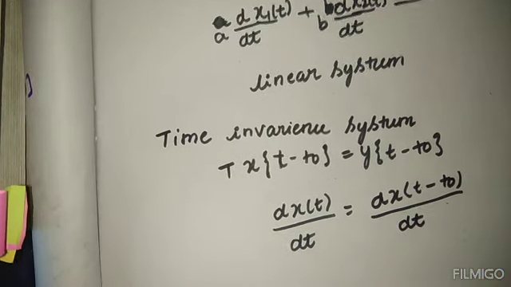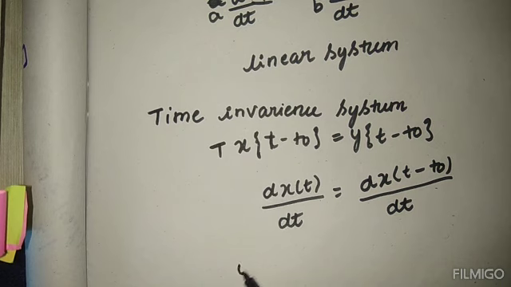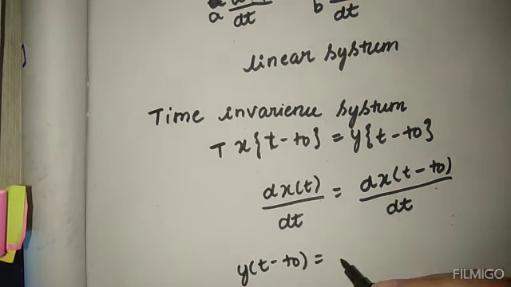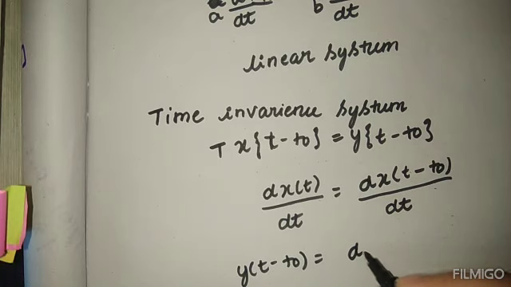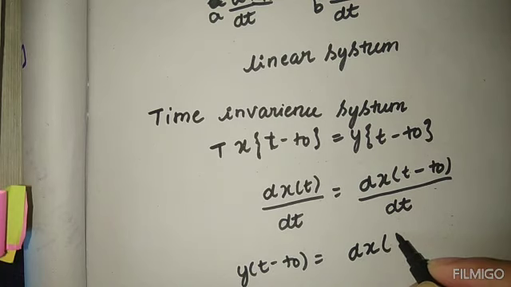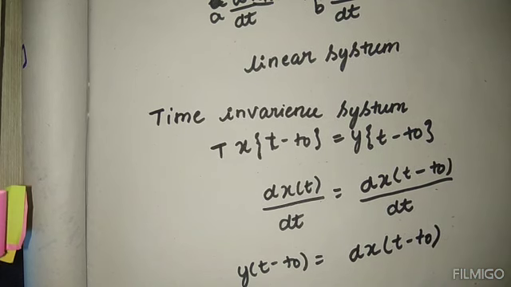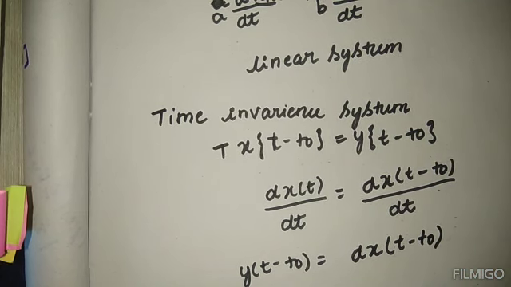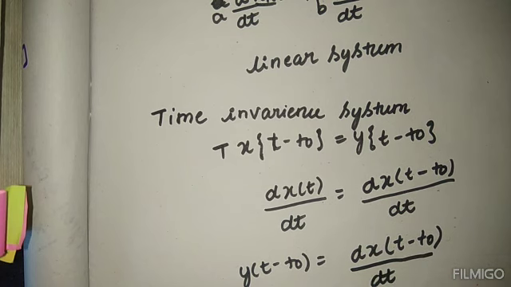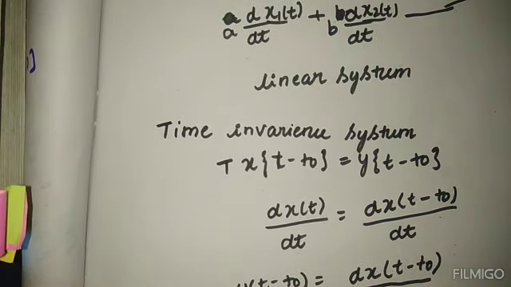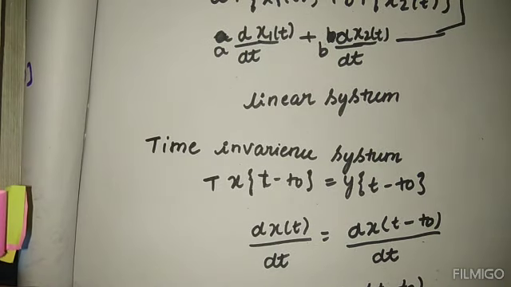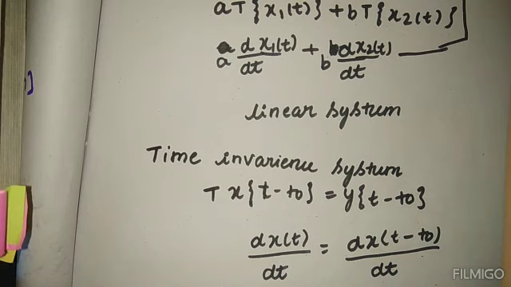So now coming on to my y of t minus t naught, you get dx of t minus t naught, where t is replaced by t minus t naught, divided by dt, right? So now these two become the same, and therefore it is a time invariant system.